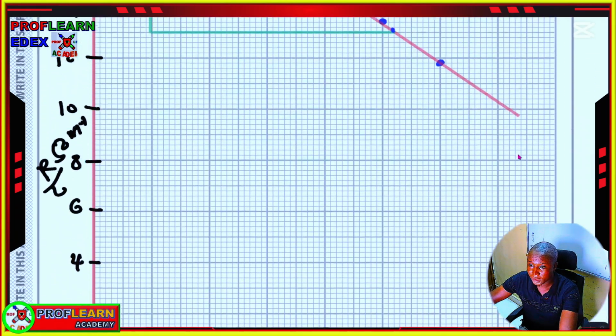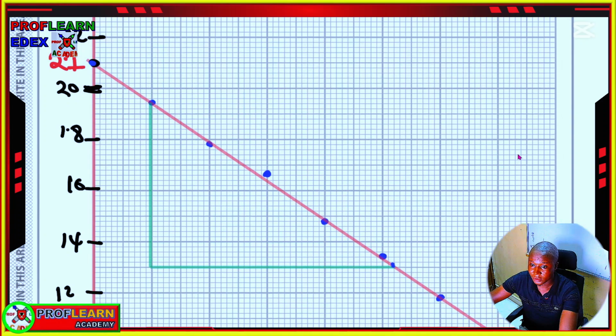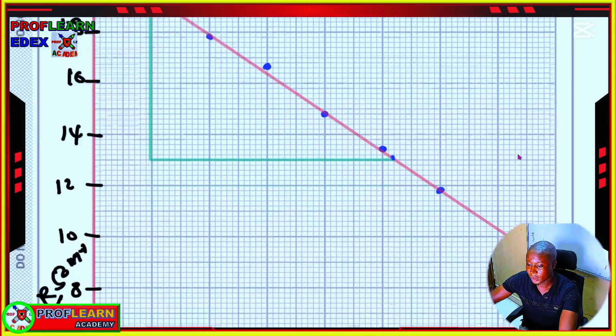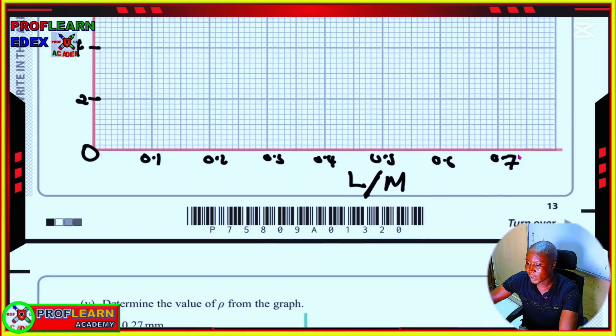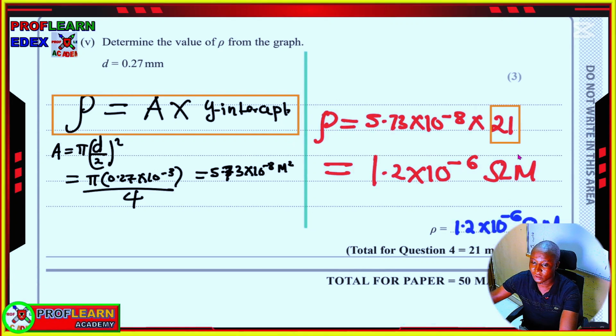But we are also required to work out the cross-section area, yet we are given the diameter, so you have to convert this to meters. Then you find the cross-section area to be 5.73 times 10 to the power negative 8 meter square. Work it out and you get your answer, 1.2 times 10 to the power negative 6 ohm meter.